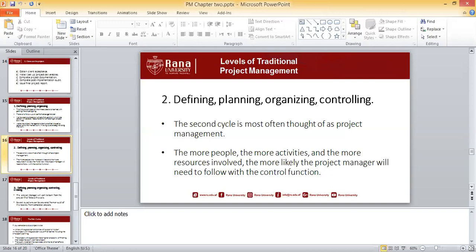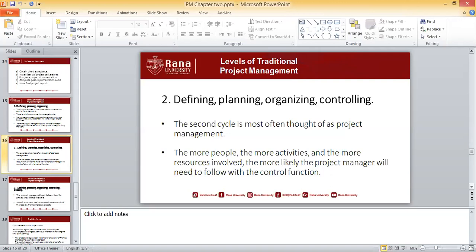Control function is matching your actual work with the standard, finding the significant deviations, and then taking corrective steps in order to overcome those deviations, deficiencies or gaps. I hope this is very simple, and I'm going faster because it's easy.